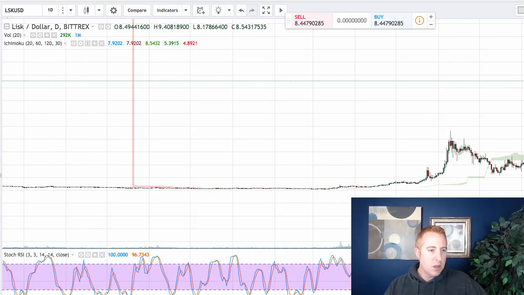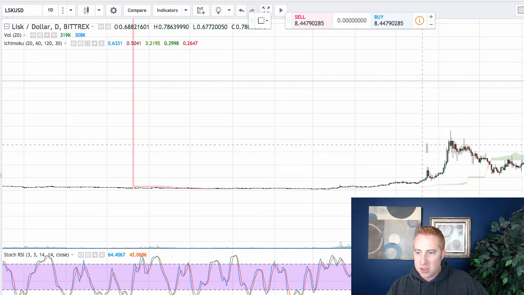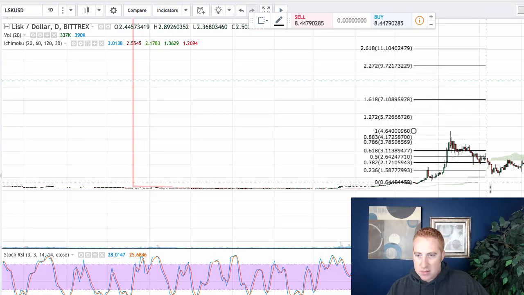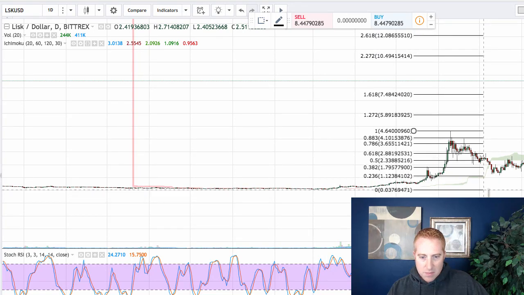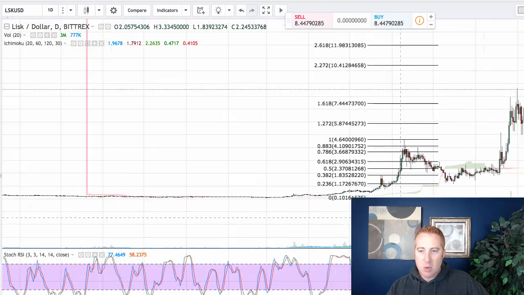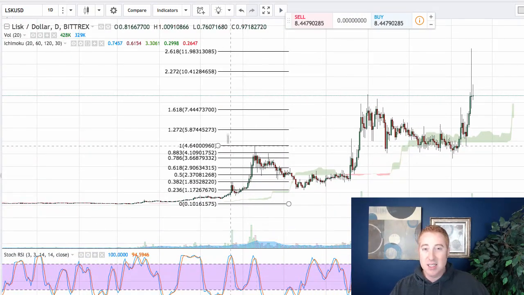What you could do is take a Fibonacci extension tool and do something like this. You just go from the top of the first wave down to the bottom, and what you would come over with is these extension points.